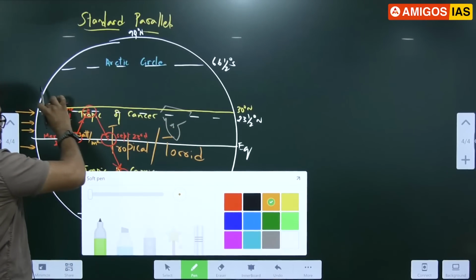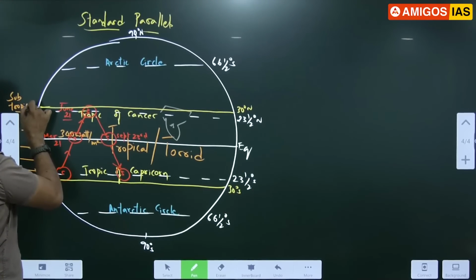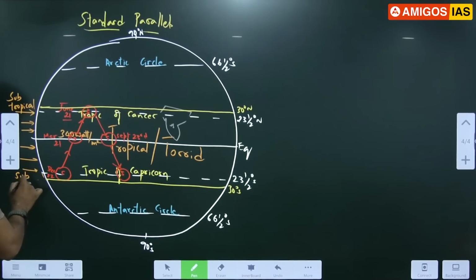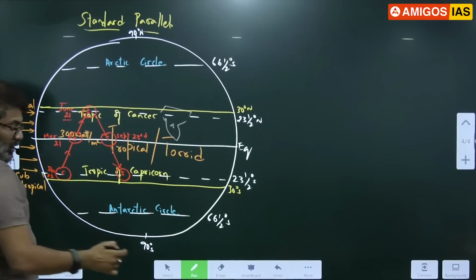This small belt is called as subtropical. Here also, this small belt is called as subtropical. 23 to 30 is called as subtropical. Okay, this belt.